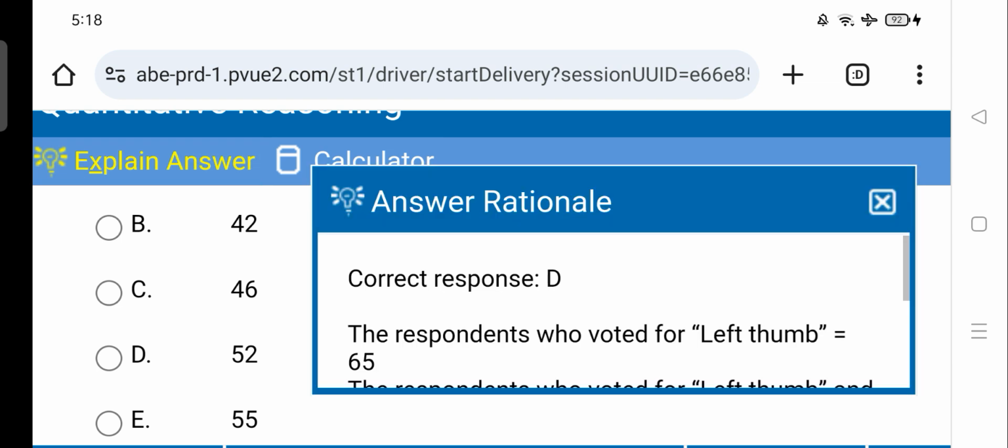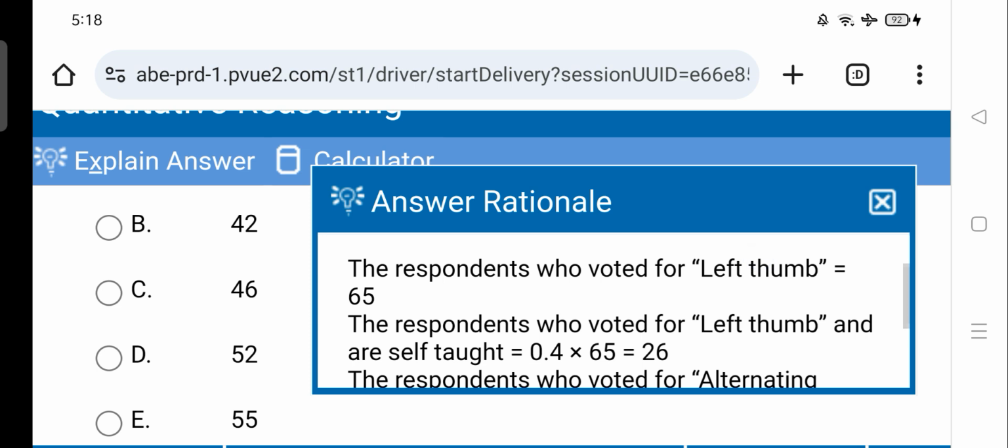So let's see which one is the correct one. Here the correct response is D. The respondents who voted for left thumb is 65, and the respondents who voted for left thumb and are self-taught equals 0.4 multiplied by 65, which equals 26.